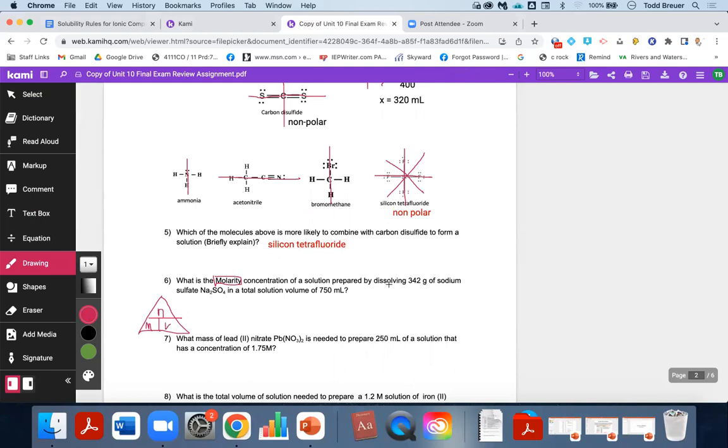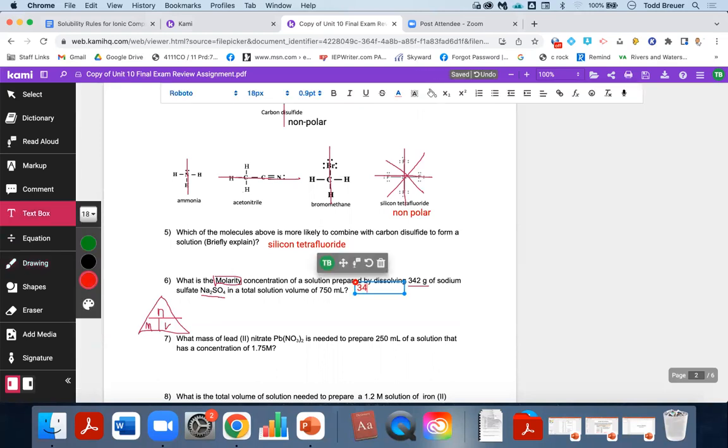Notice in the words, they did not give us a mole amount, but they gave us what relates to a mole amount, a gram amount. So the quickest way to deal with this would be to take our mass and divide by the molar mass of the chemical, factoring in there's 2 sodium, 1 sulfur, 4 oxygen. So let's make this a mole amount by dividing the mass given by the molar mass of this chemical.